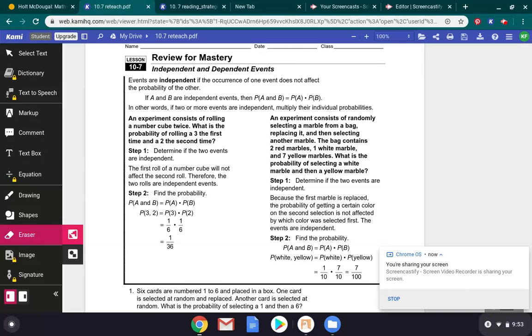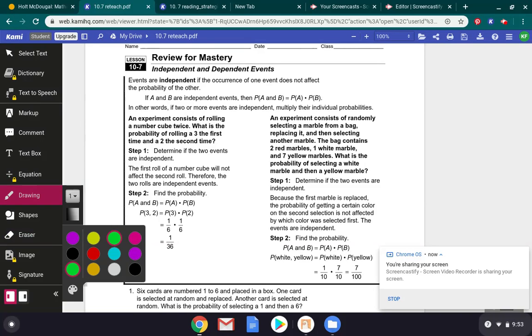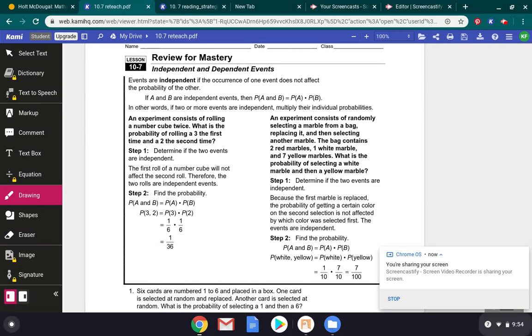All right, so now I'm going to do example 2, which is actually now finding the probability of an independent event. So if you take a look at our first spot here, it says events are independent, which we know if the occurrence of one event does not affect the other one. Now in order to find the probability, that's going to be right here.